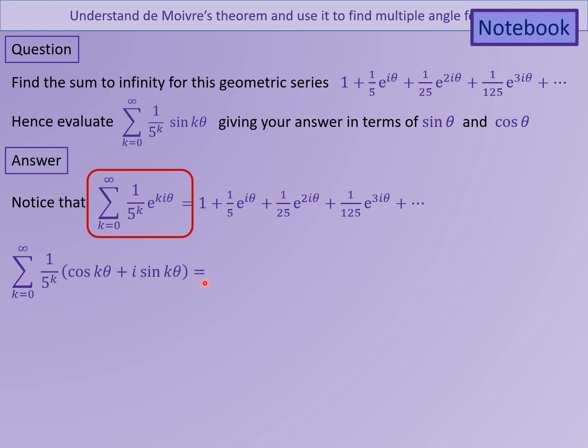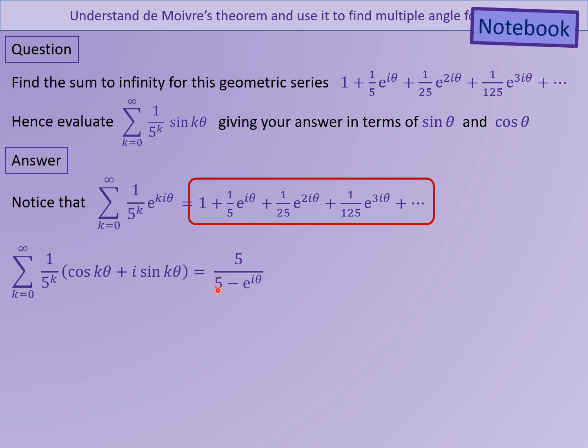Right, the problem is we've got extra bits in there. We've got an I in there we don't need. We've got the cos theta we don't need. So we're going to have to see what happens to that. So notice that this is the sum to infinity, same as this is. So that's great. And we know that that is 5 over 5 minus e to the I theta. So I've got this equals this.